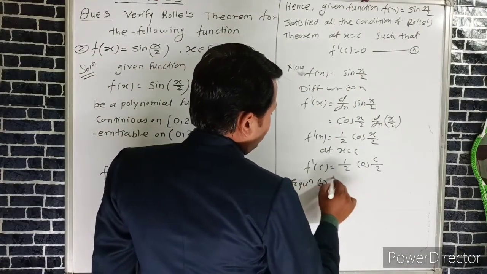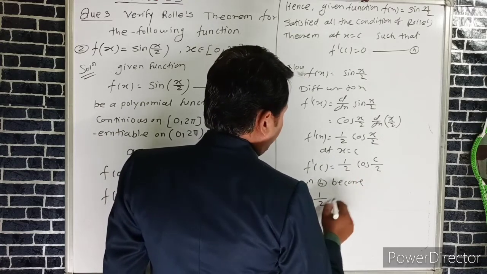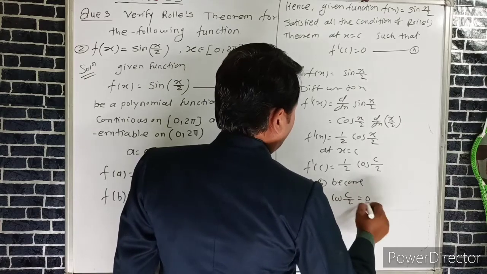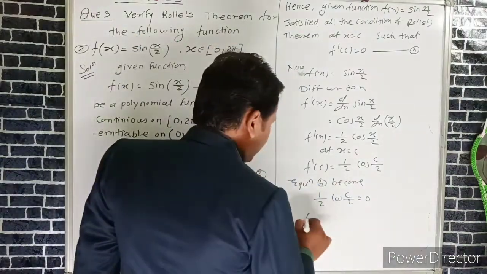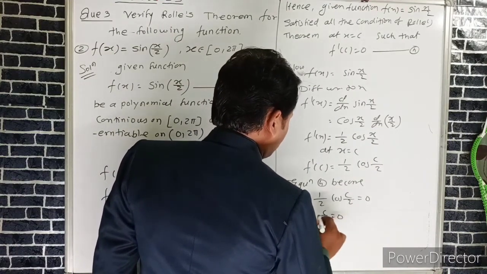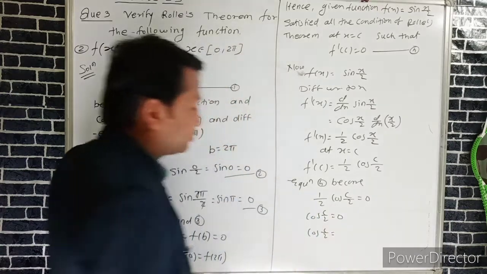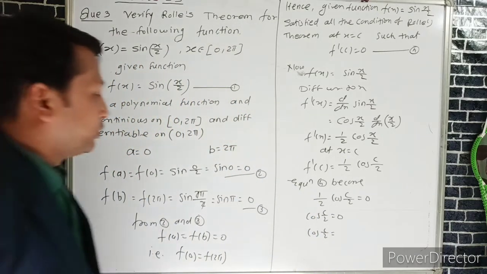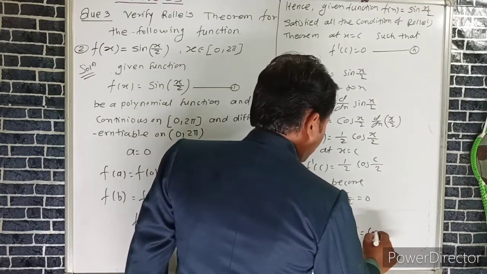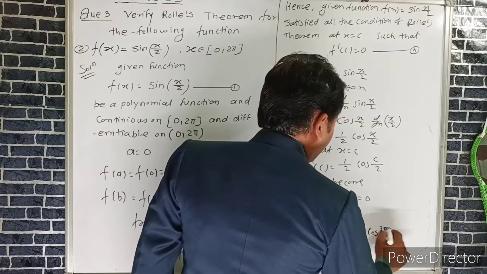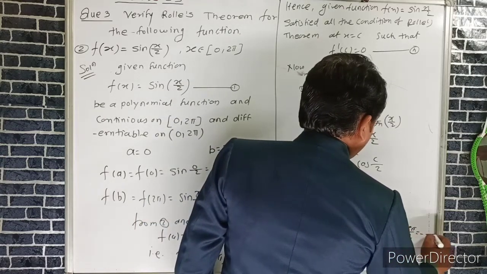So if we substitute this value of f dash of c in equation 4, equation 4 becomes 1 by 2 cos of c by 2 is equal to 0. If we shift this 1 by 2 to the right side, we can write again cos of c by 2 is equal to 0. But we know that cosine is 0 when the angle is pi by 2, 3 pi by 2, 5 pi by 2, and so on.